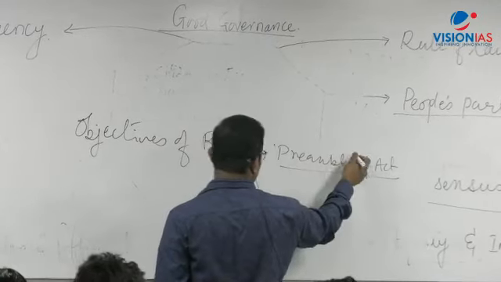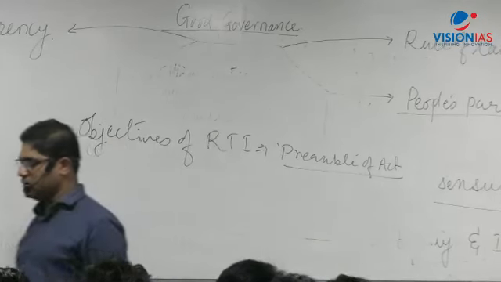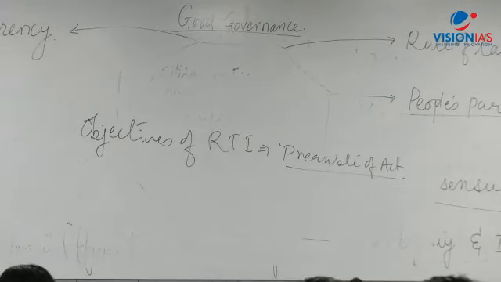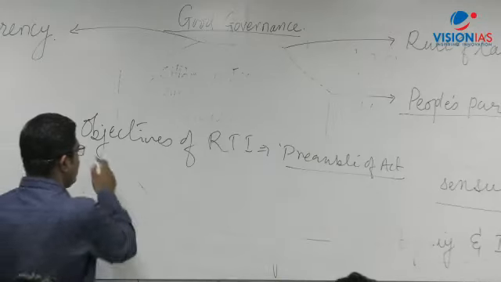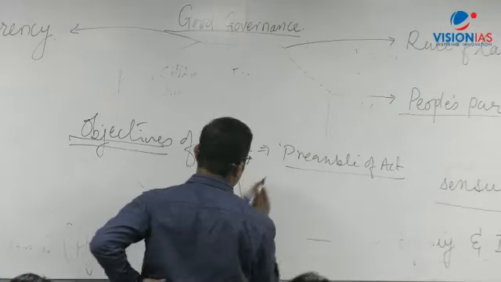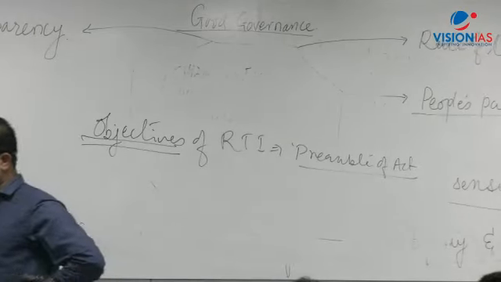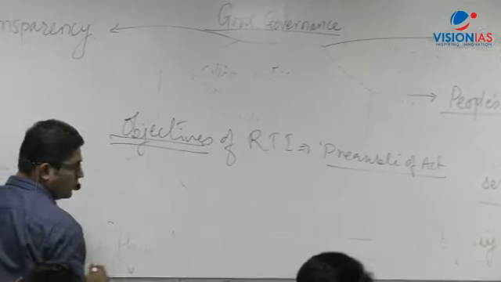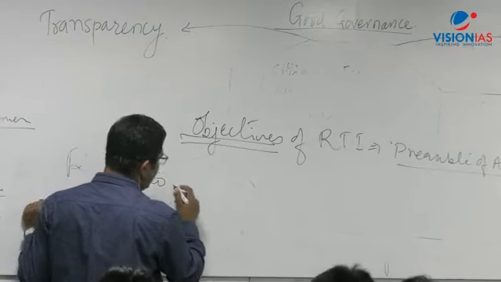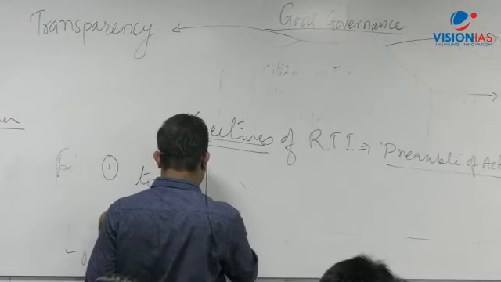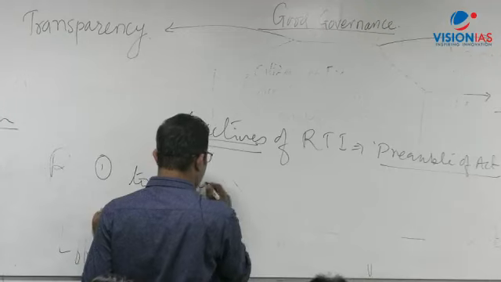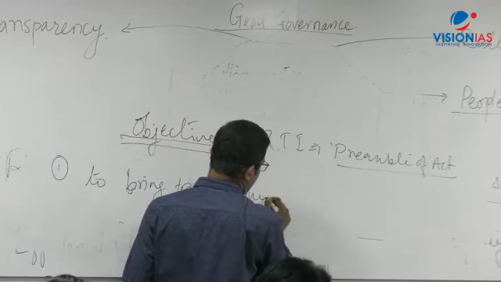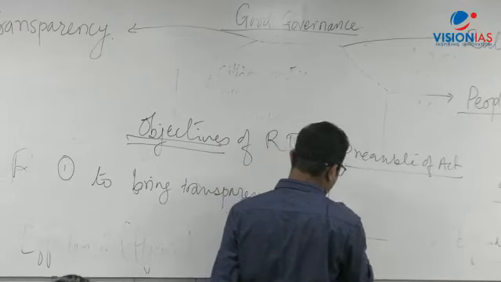एक बार यूपीएससी ने क्वेश्चन पूछा था preamble of RTI. लोगों को लगा कौन सा preamble है, एक preamble पता था. ठीक है. So the objectives of RTI are reflected in the preamble of the Act. So obviously the first will be to create transparency in the administration, to bring transparency in governance.